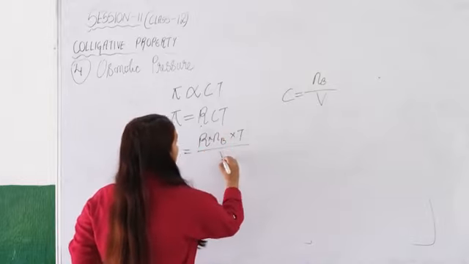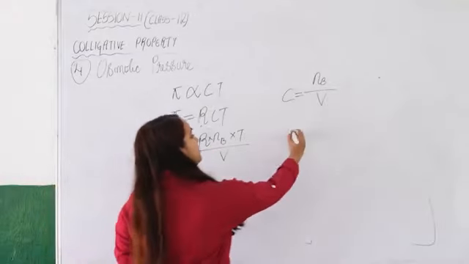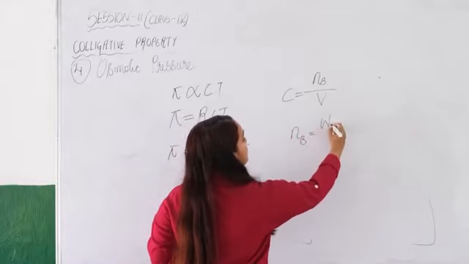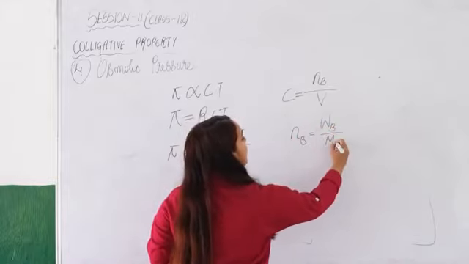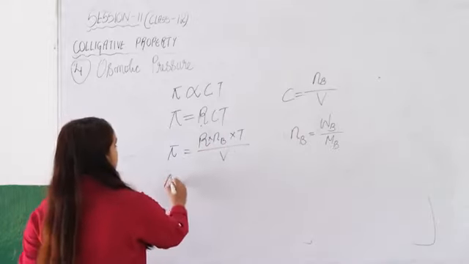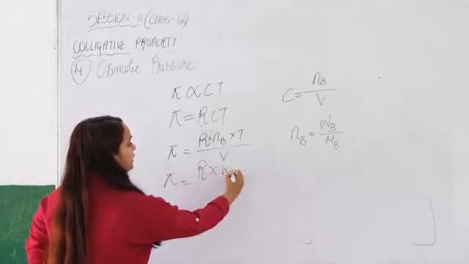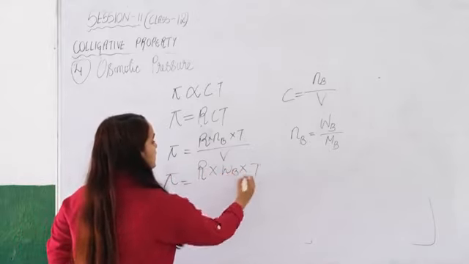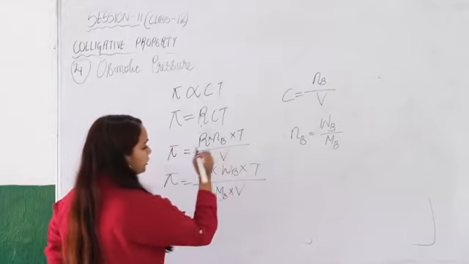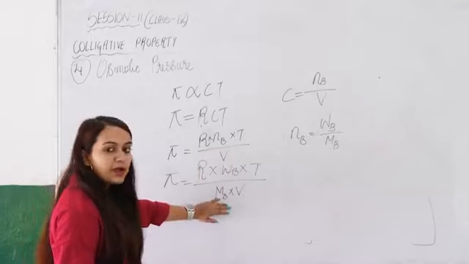T by V. So far we have discussed that n_B is equal to the mass of the solute divided by the molecular mass. So in place of n_B we can write pi equals R into W_B into T by M_B into volume. Now we got the molecular mass term.